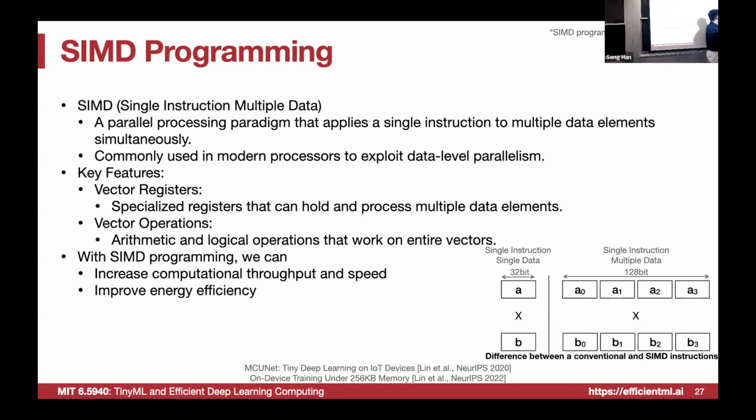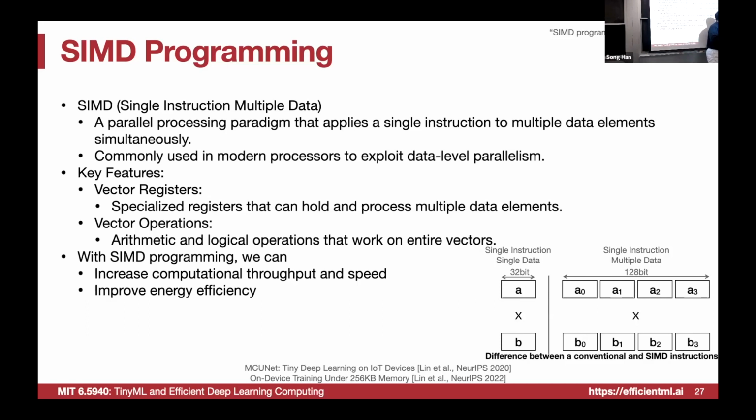But using single instruction multiple data, we can simultaneously operate on 4 FP32 numbers. So the register is no longer a single FP32, which is 32 bits, but 4 FP32 numbers, which is 128 bits. So the register is much larger in SIMD.